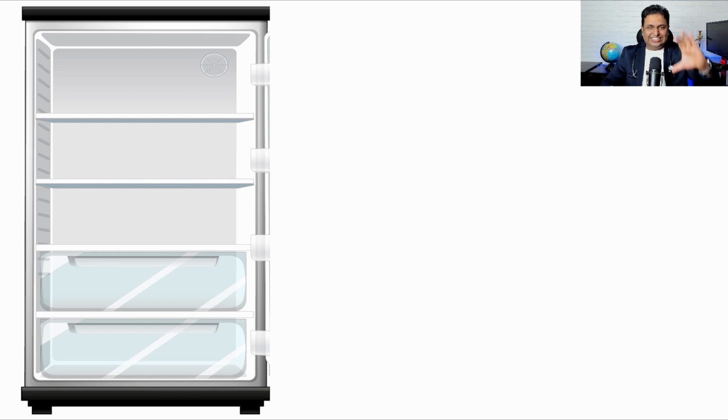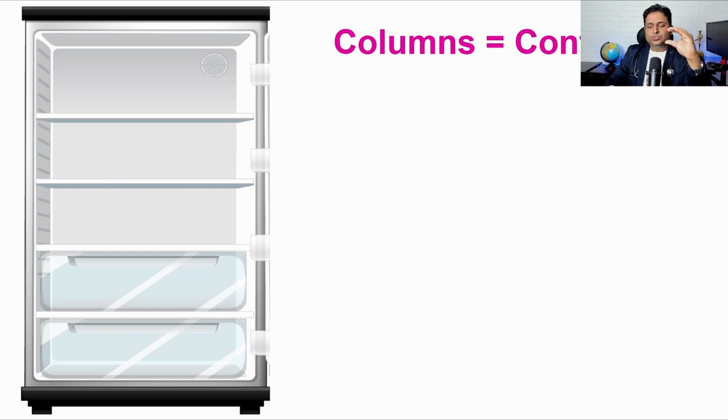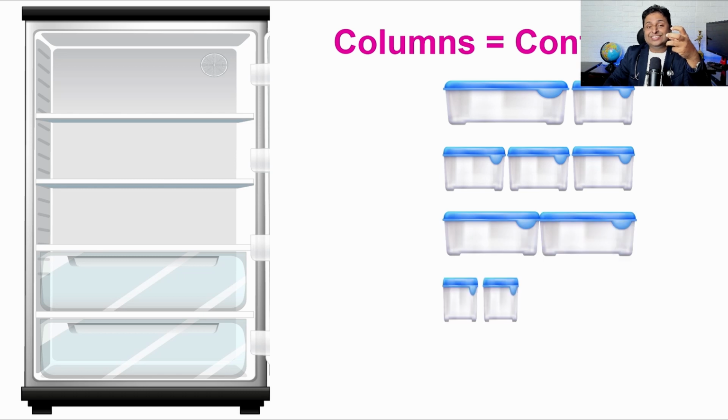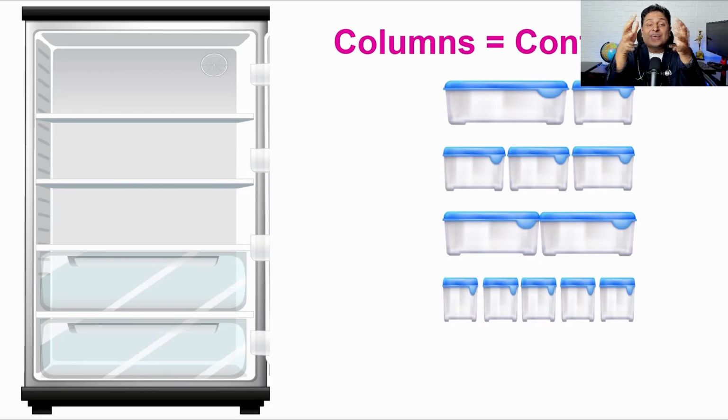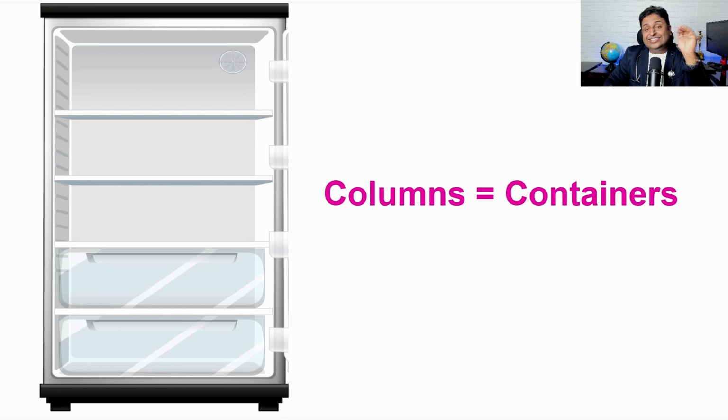Okay, so now let's look into the refrigerator and try to put these containers into it. So we have one section here. In one section we have multiple rows. Now inside these rows we can have containers. So what are columns? Columns are containers placed inside the refrigerator in such a way that you can place some elements or objects inside them.